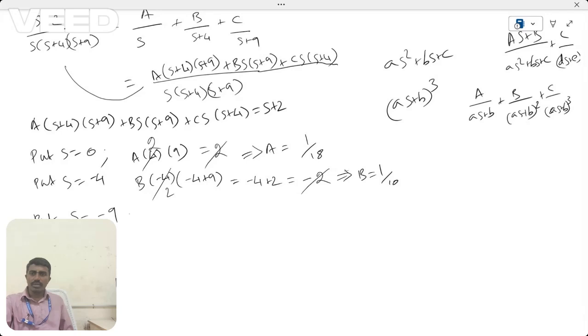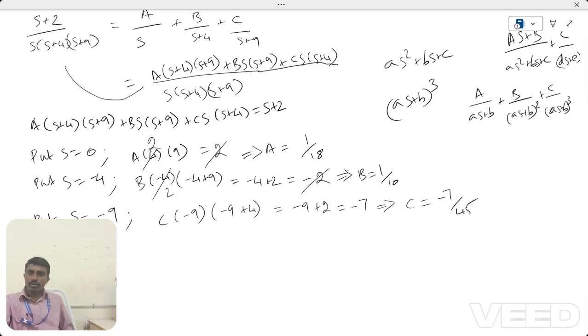The third term gives a value: C into minus 9 into (minus 9 plus 4), which is equal to minus 9 plus 2, that is minus 7. So minus 9 into minus 5 is 45, so C equal to minus 7 by 45.